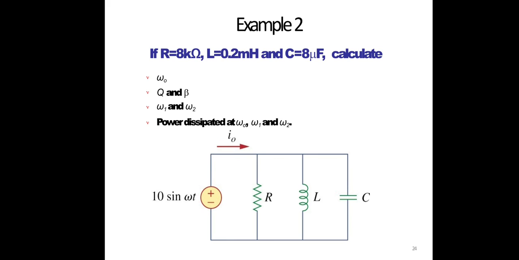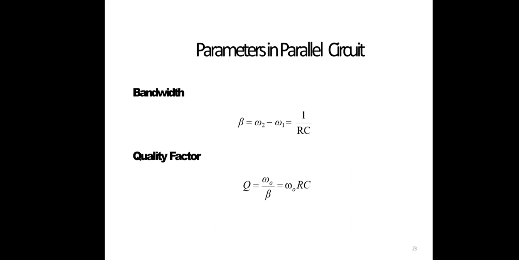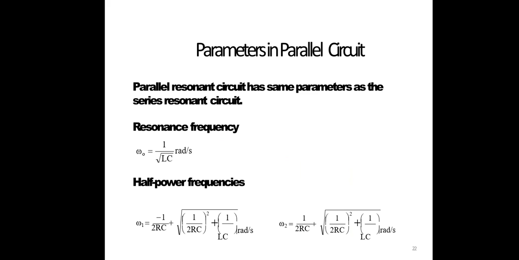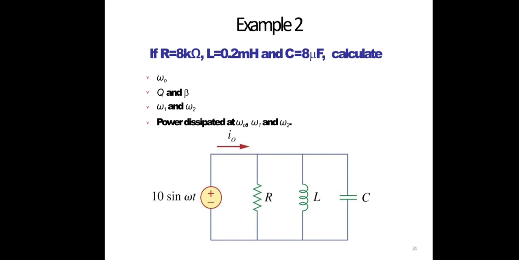That is the value of the bandwidth. Now you may find omega 1 and omega 2 by applying these relations, and you may also find the power dissipation at the resonant frequency and at omega 1 and omega 2 using the formulas.